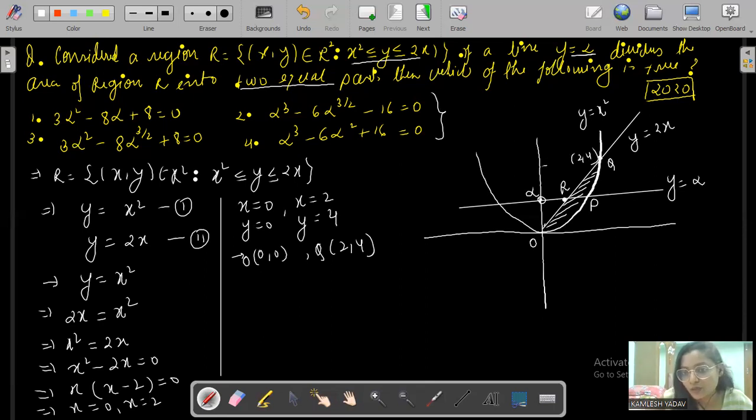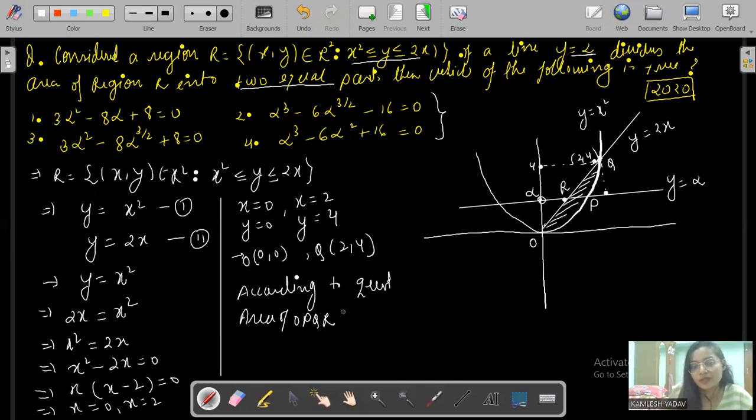And suppose we mark it here. It means this is 4, this point will be 4, and here this is the point 2. Okay. Now, according to the question, the area of OPQR, what will be this area of OPR?